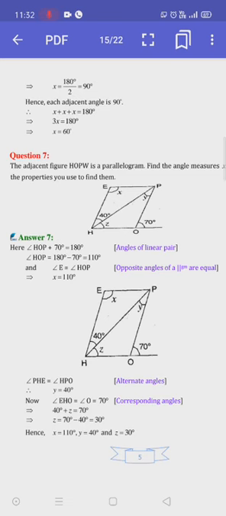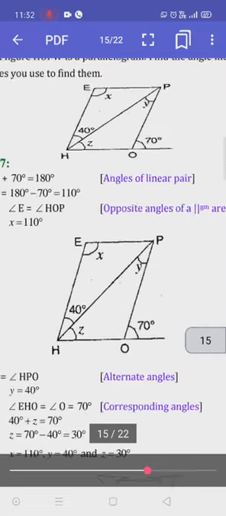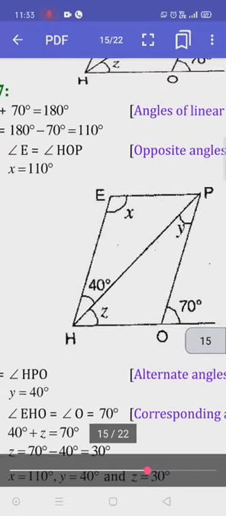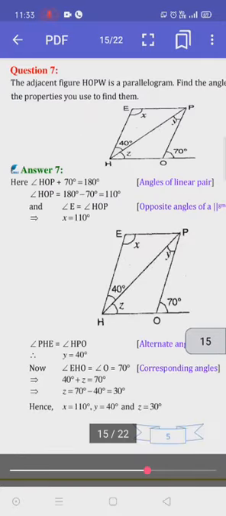Because HE is parallel to OP, and HP is a diagonal, so it plays the role of a transversal. So y equals 40 degrees, alternate interior angles. Correct, y equals 40.